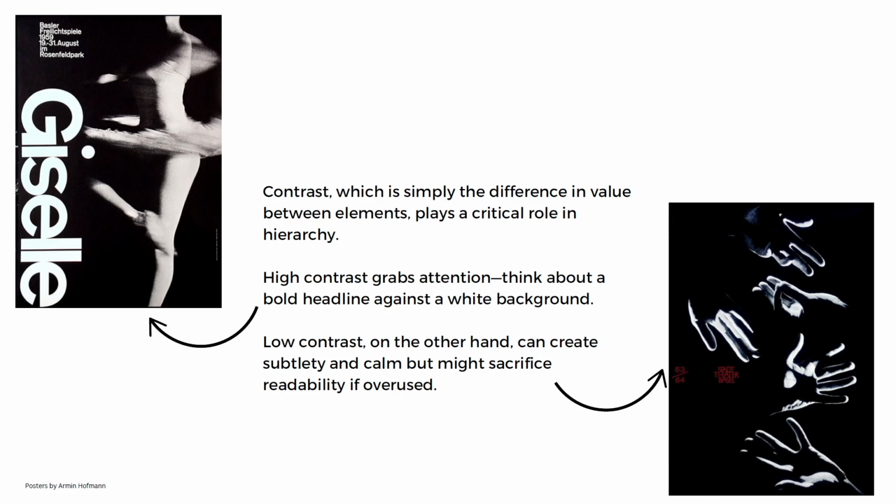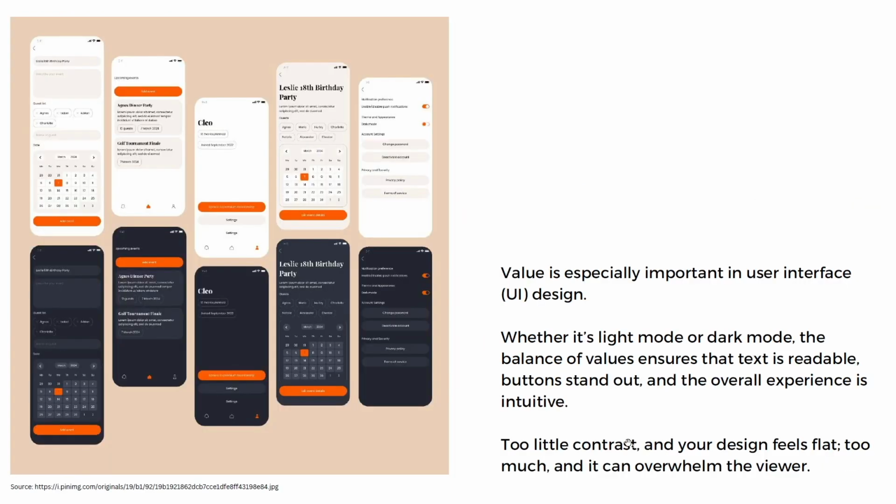So think about this as like a bold headline against a white background, or in this case, black background with white text. We could have something that's more low contrast, so the red, smaller type, sort of sandwiched between the hands. It's going to be a little bit more subtle and calm, but it also might be a little bit hard to read if it's not done right.